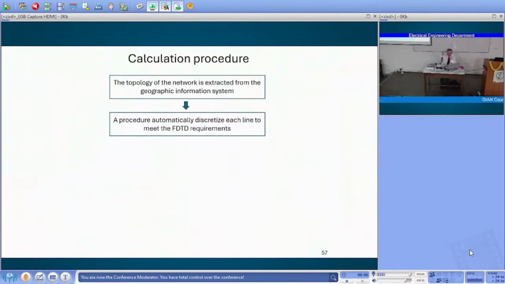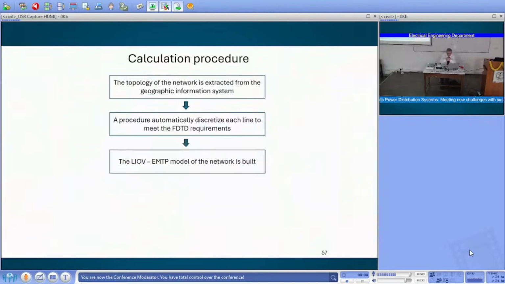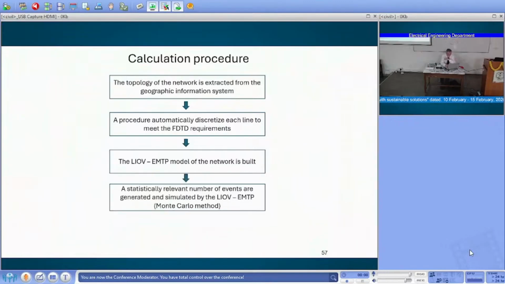So we discretize the line in 5 meters in general. And then we built the model in the EMTP software, and we calculated the statistics, so the number of events that are causing problems.